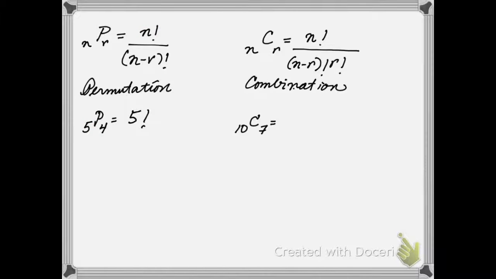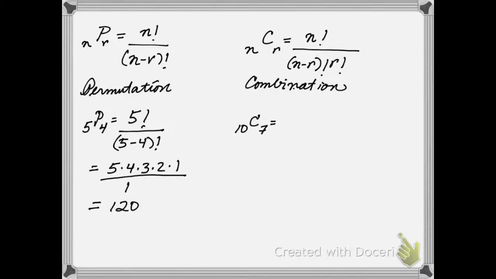And then in the denominator, in this case, it'll be 5 minus 4 factorial. 5 factorial is 5 times 4 times 3 times 2 times 1. That's how factorials work. And then 5 minus 4 is going to be 1 factorial, which is 1. So I can just put a 1 there, right? And then we would just multiply those out: 20, 60, 120.